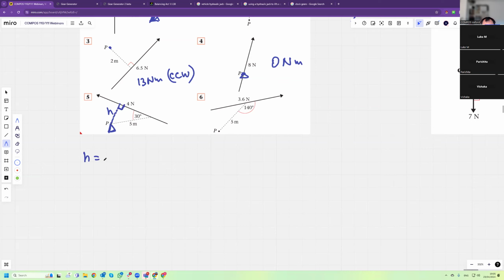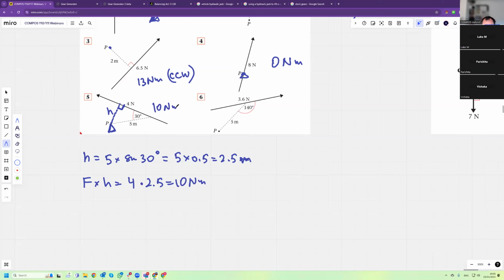So h is equal to 5 multiplied by sine 30, which is 5 times 0.5, which is 2.5 meters, and times the force. So the moment is force times the perpendicular distance. So it's 4 multiplied by 2.5, which is 10 Newton meters counterclockwise.